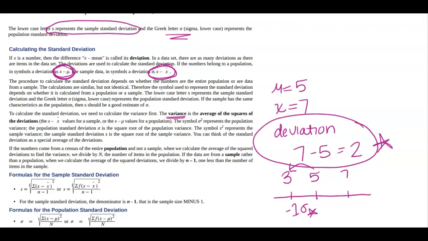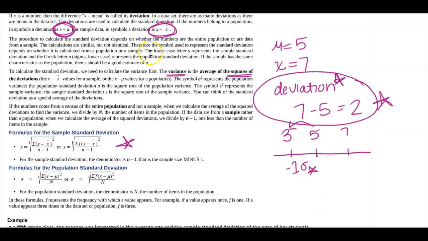Therefore, we need some way to make sure all the deviation calculations here stay positive. So we're going to do that by squaring. And then we're going to add those all up. You can see there are some calculations here, and we'll do some of these in our example in just a second.